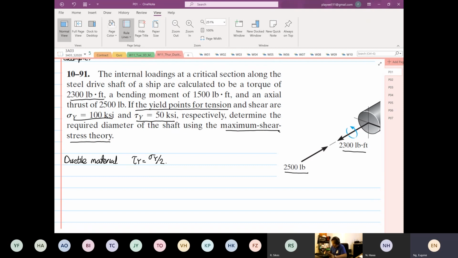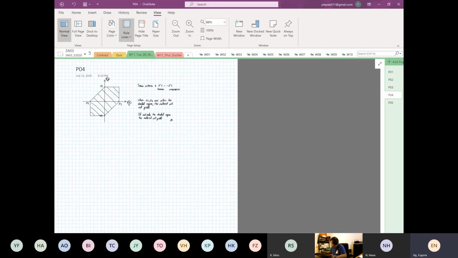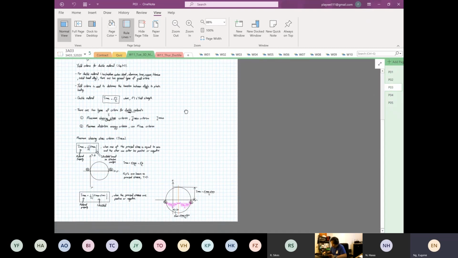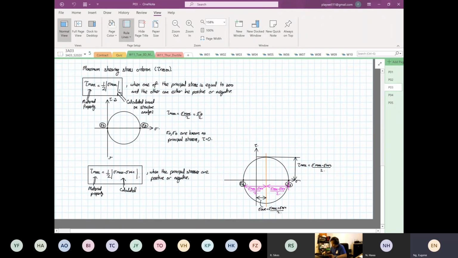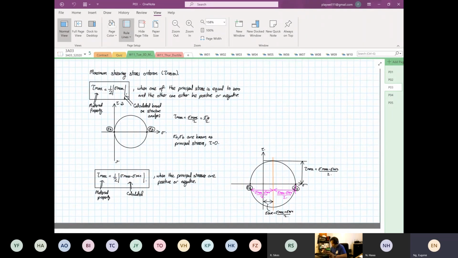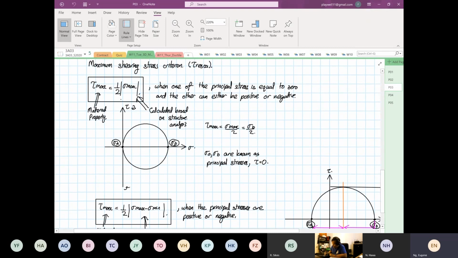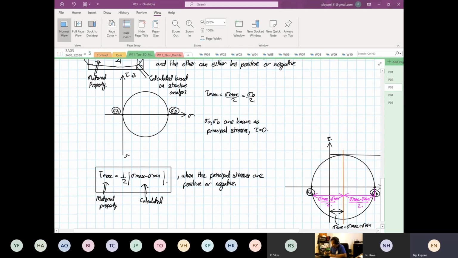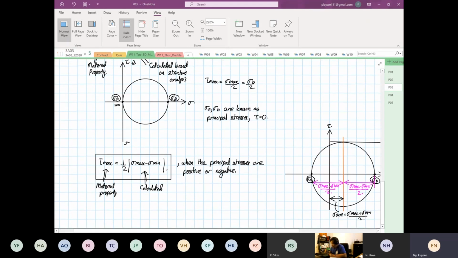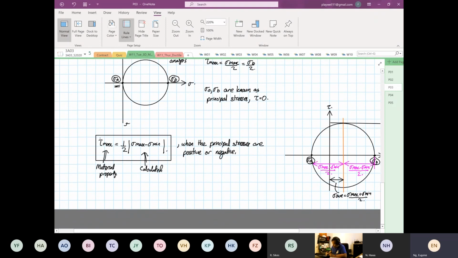If you look at the maximum shear stress theory, and what we have done last week, or on Tuesday, the maximum shear stress theory has two conditions. One is where stress B is equal to 0, where shear max is equal to half of maximum stress. Or your shear max has to be half of the absolute value of stress max minus stress min.